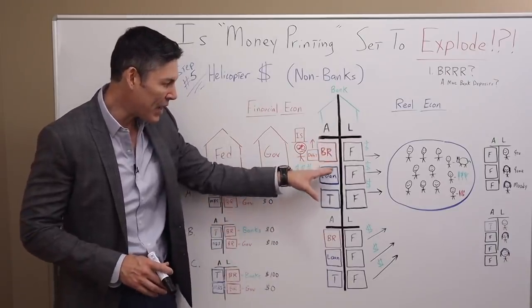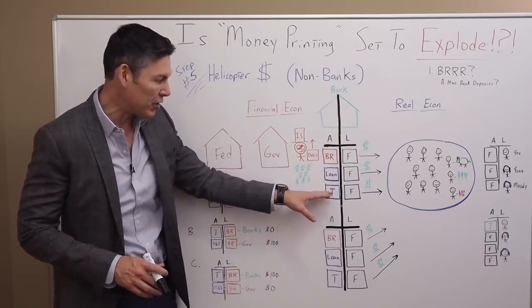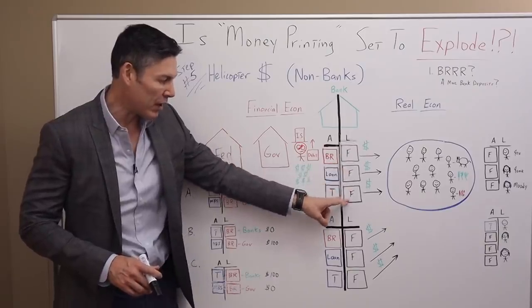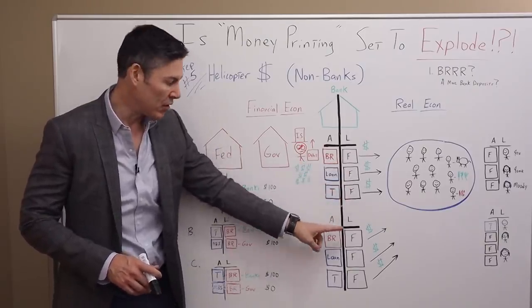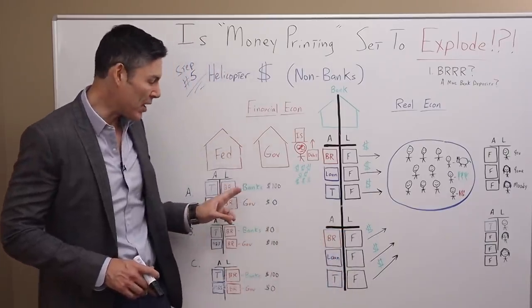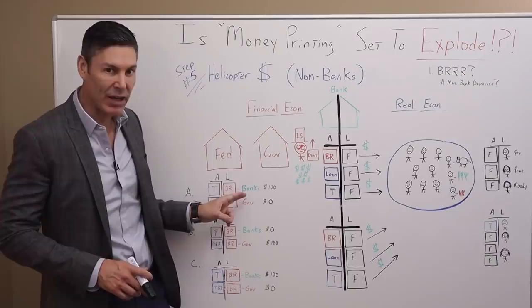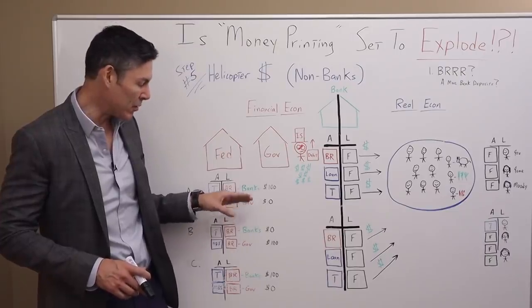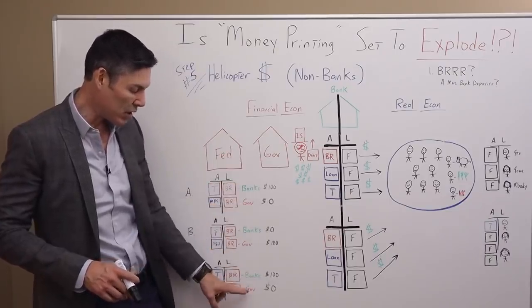So the commercial banking system's balance sheet starts with 3 deposits and it finishes with the same 3 deposits. The Fed's balance sheet ends up the exact same. 100 in bank reserves in the bank's accounts, 0 in the government.